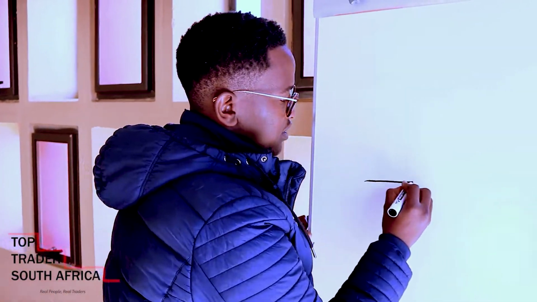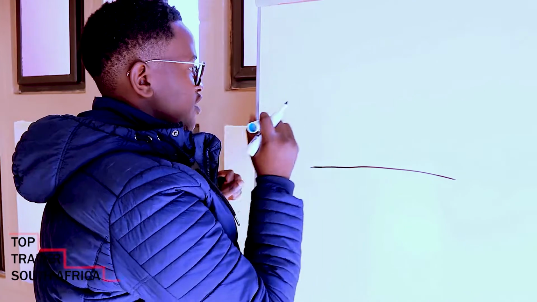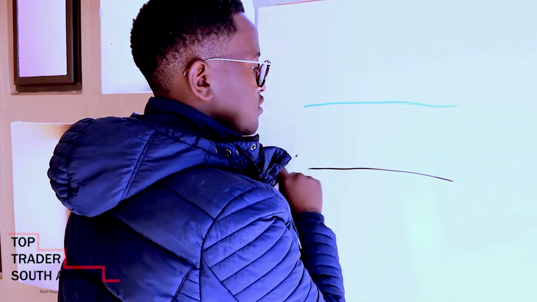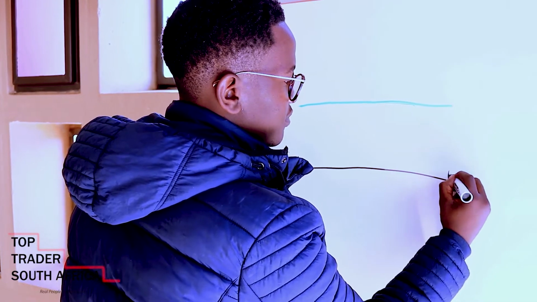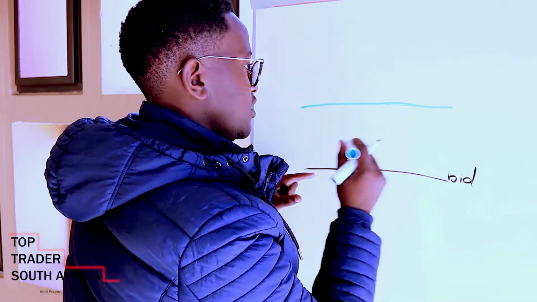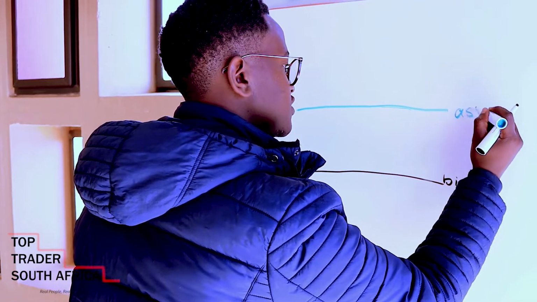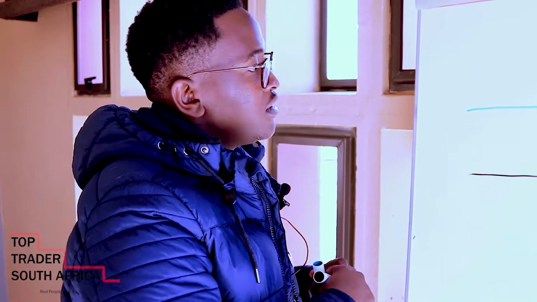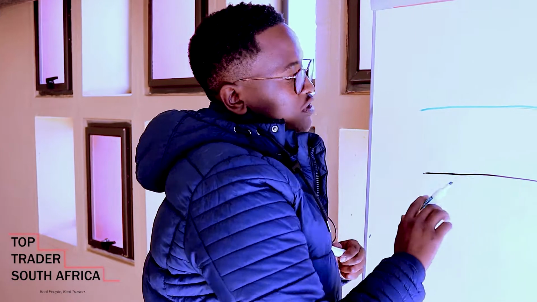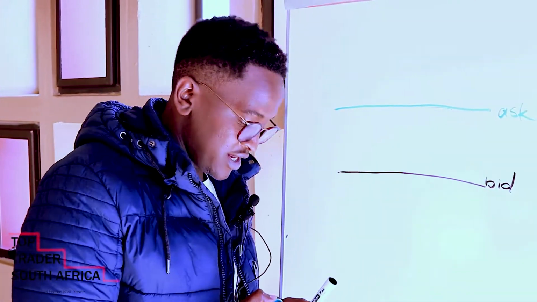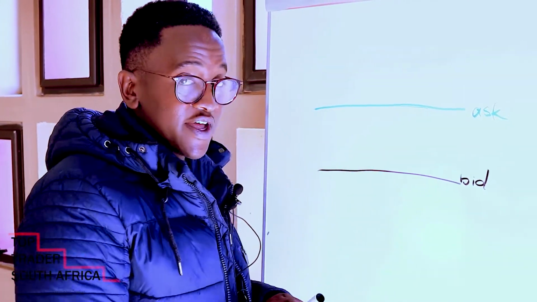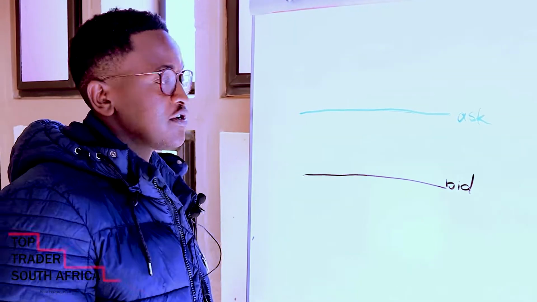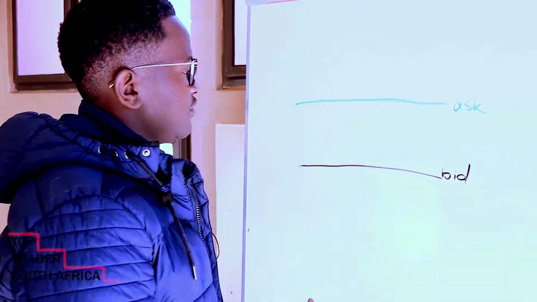So your bid and your ask, the black being our bid and the green being our ask. Your ask price will always be above your bid price, unless something funny happens, which, like I said, I've never seen, but I've read an article where apparently it's happened before.